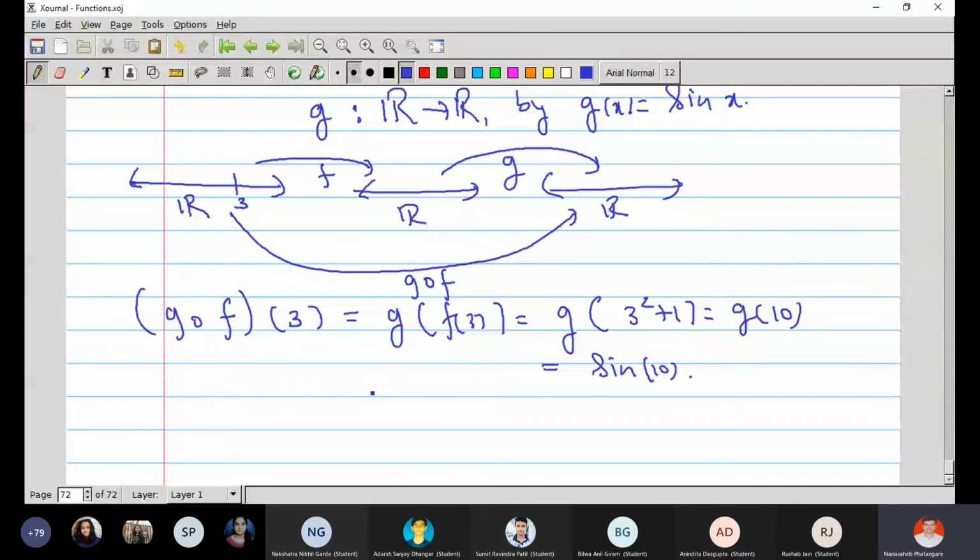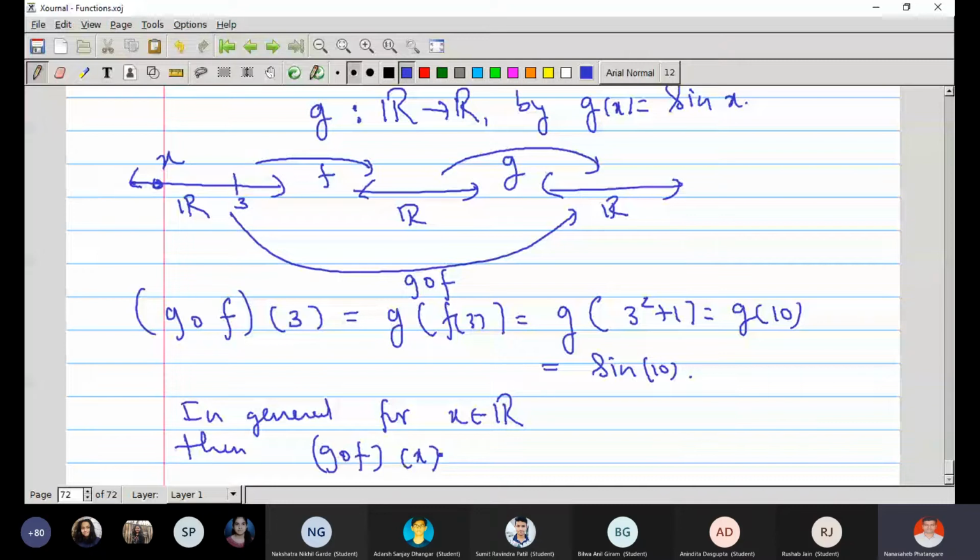So in general, for a real number x, you choose any element in the domain of f. Then what is G composite f of x?